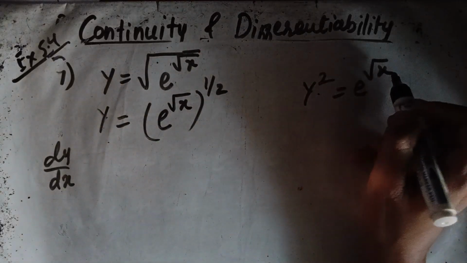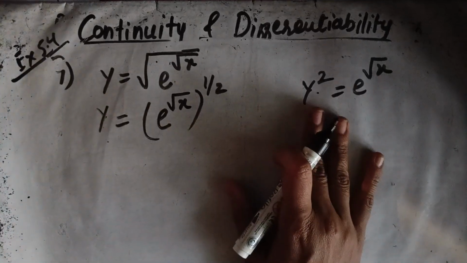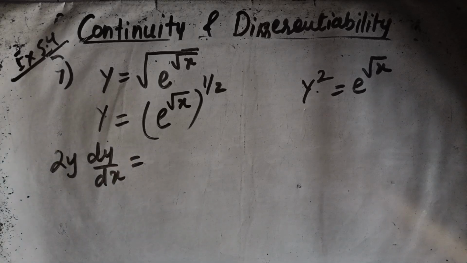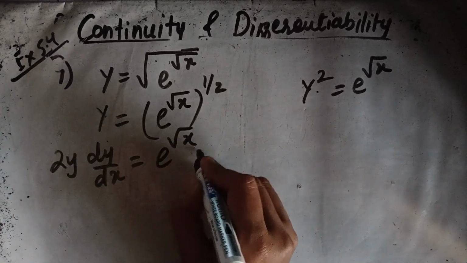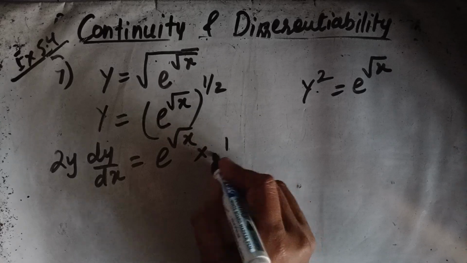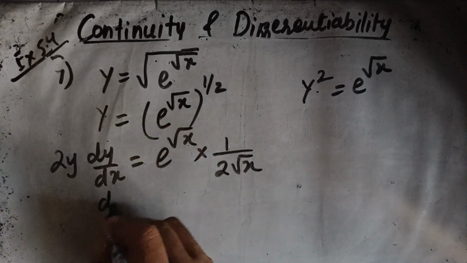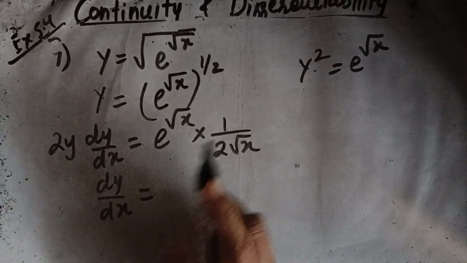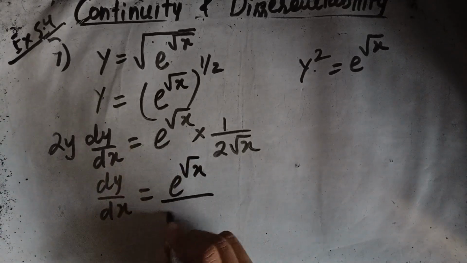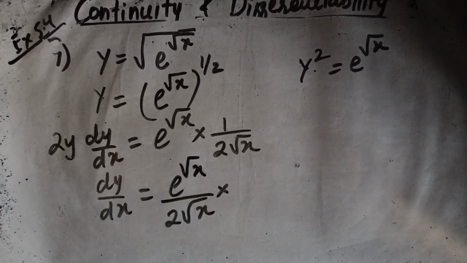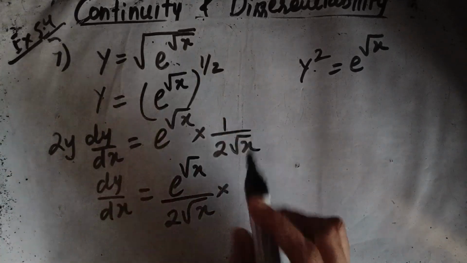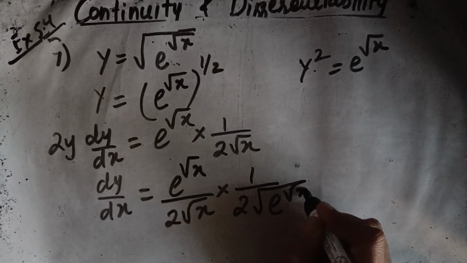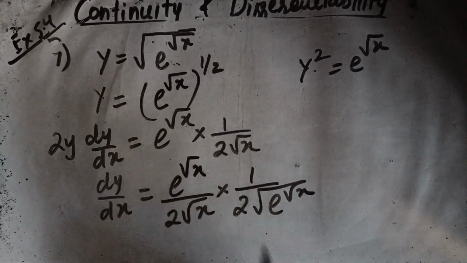Then differentiating, you will get here 2y dy by dx equal to e raised to root x into derivative of root x, that is 1 upon 2 root x. So dy by dx is equal to 2y comes in the denominator. So in place of y, you have to write this function. Okay. So this is the answer.